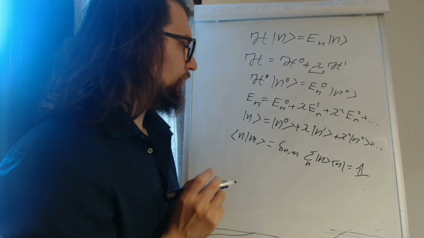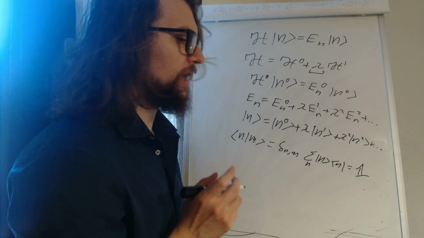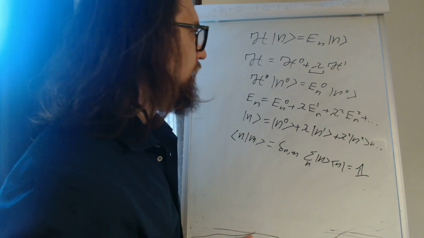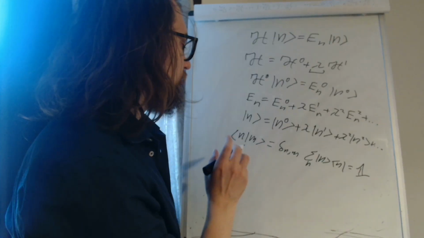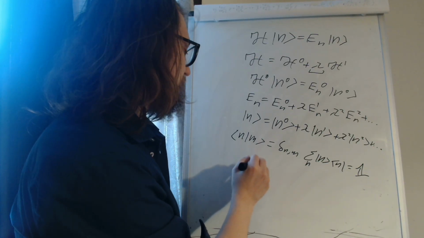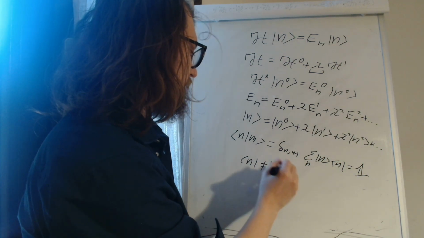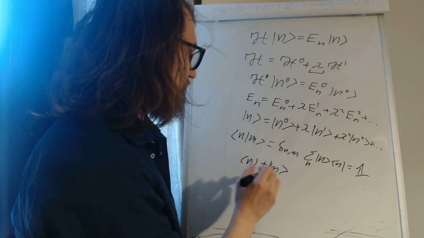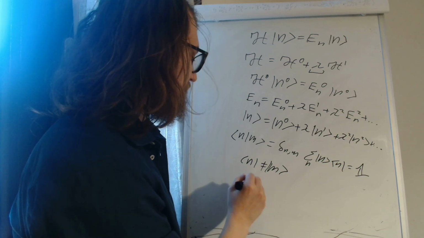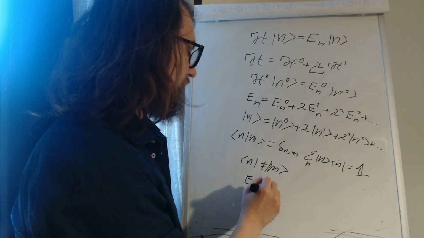And then we also assume that we have no degeneracy, so that two different eigenstates will correspond necessarily to different eigenvalues.